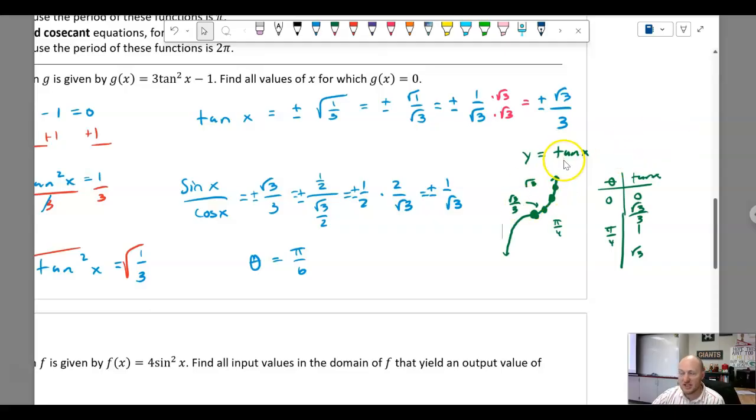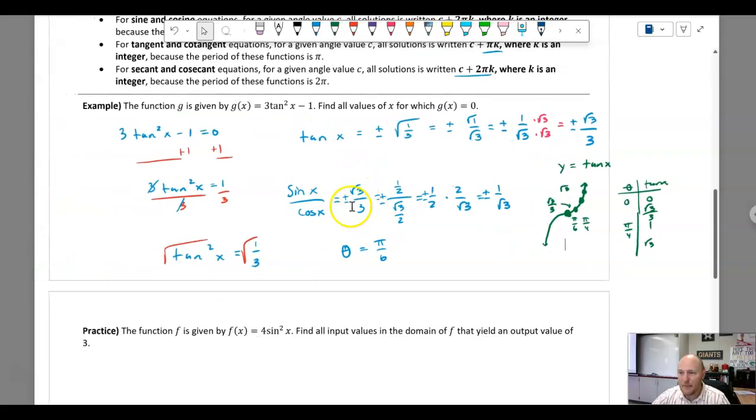Well, tangent's an increasing function. So a lower value is going to have your smaller angle, your pi/6. So if you're a smaller angle, which this one is, you get the smaller value. It's going to be pi/6. If it was just square root of 3 for tangent, then you would be the bigger angle, pi/3. Okay? So note that this is plus and minus.